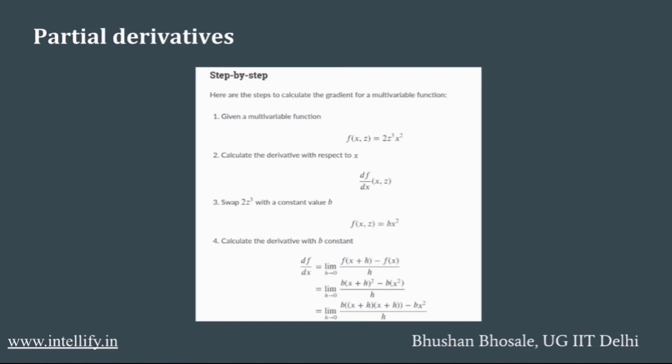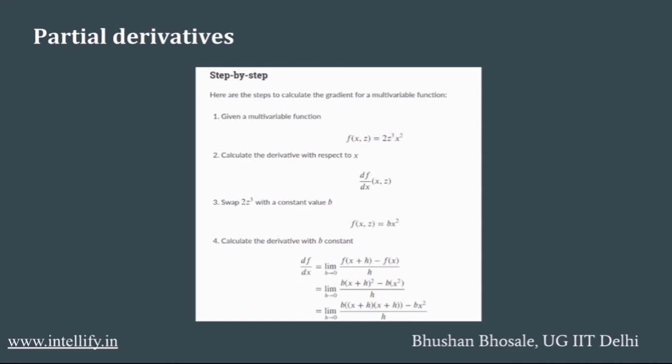For example, our function f of x comma z is dependent upon x and z, like 2z cube into x square. So how to calculate the derivative with respect to x? It would be d of f of x comma z upon d of x. So what we would do is assume 2z cube to be a constant value, and we would just take the derivative of x square.